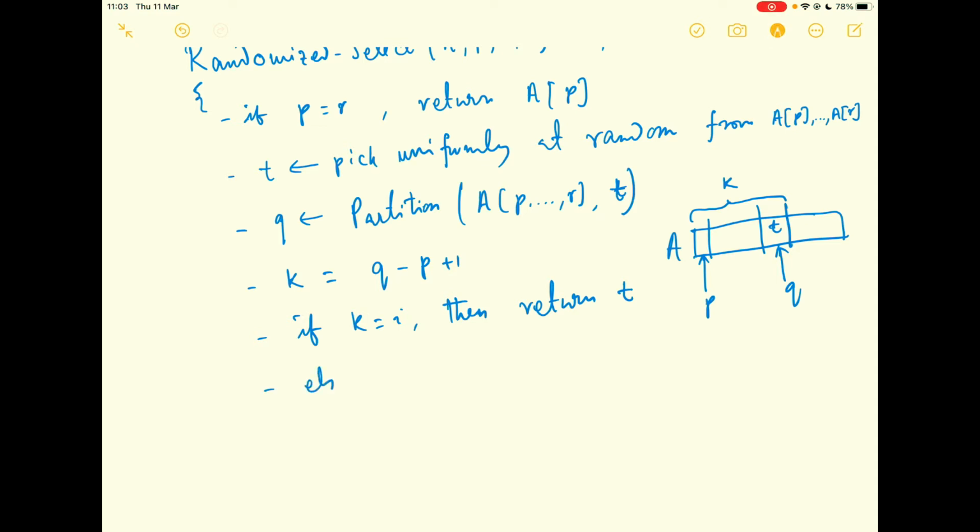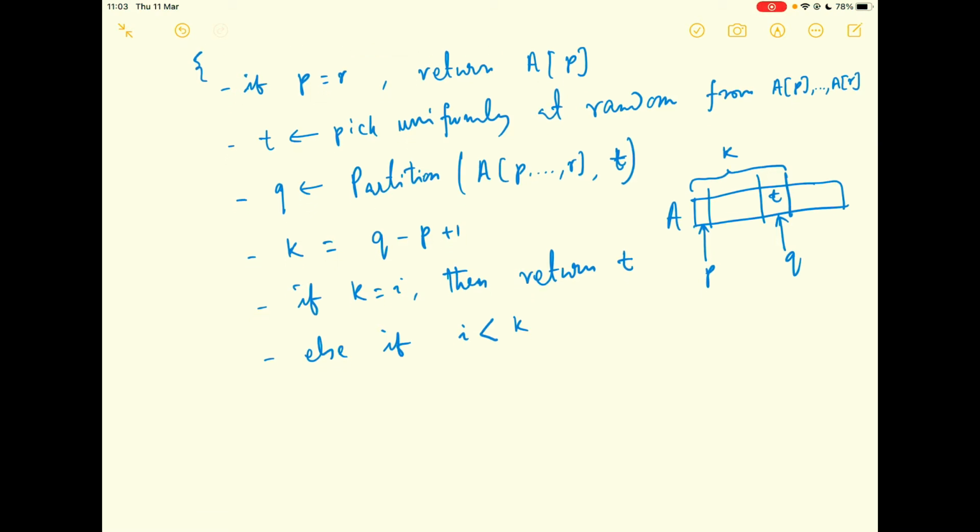Else if i is less than K, that means the ith smallest element that we are looking for appears in the left part of the partitioned array.